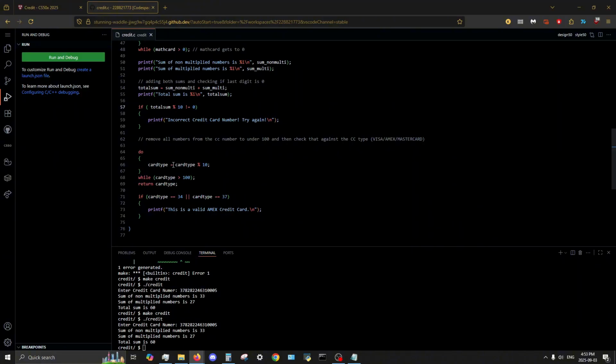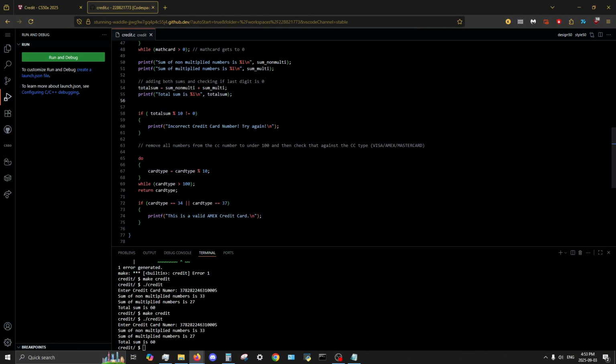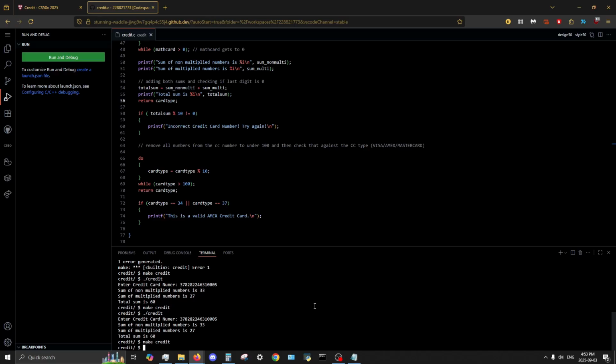So do card type equal to card type times 10% while card type equal to 100. What if I do return card type here? Return should return a value, right?